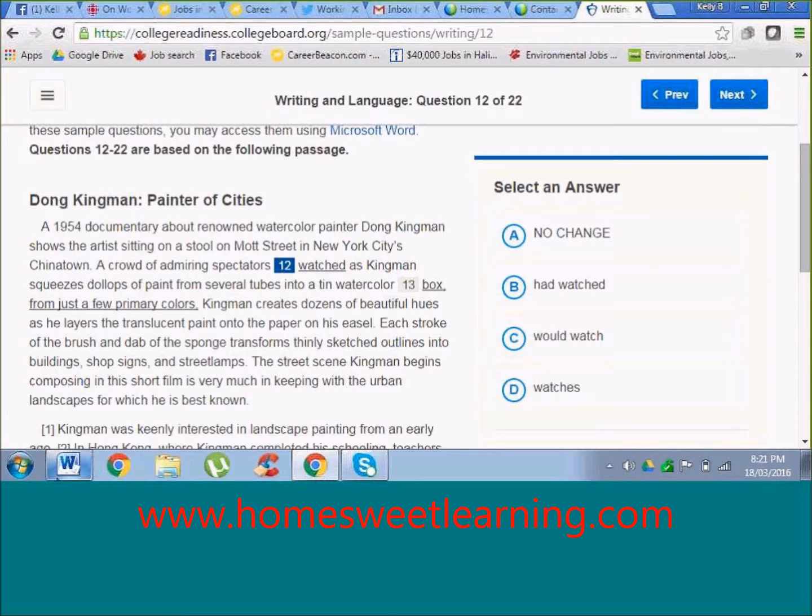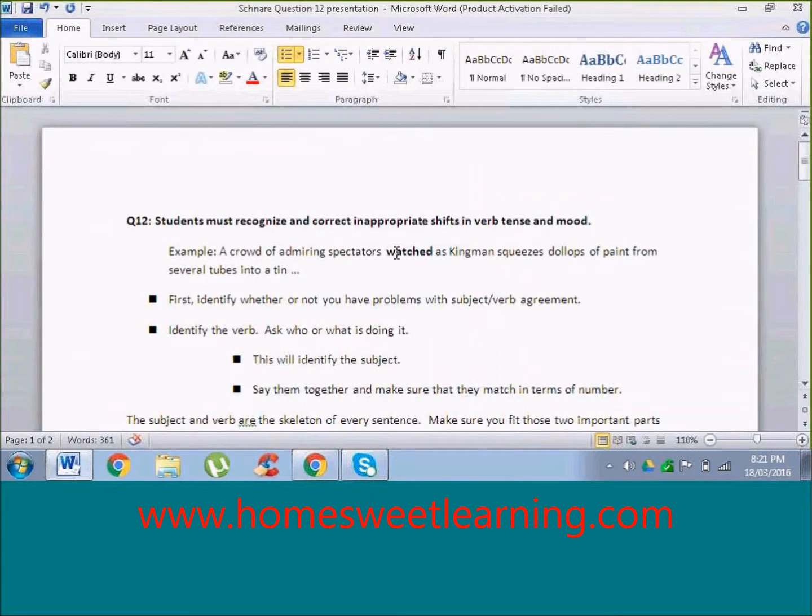Now let's remember, here we have two verbs. We've got watched and squeezes. We're not asking if squeezes should be changed. We're asking if watch should be changed. So we've identified two verbs in the sentence.